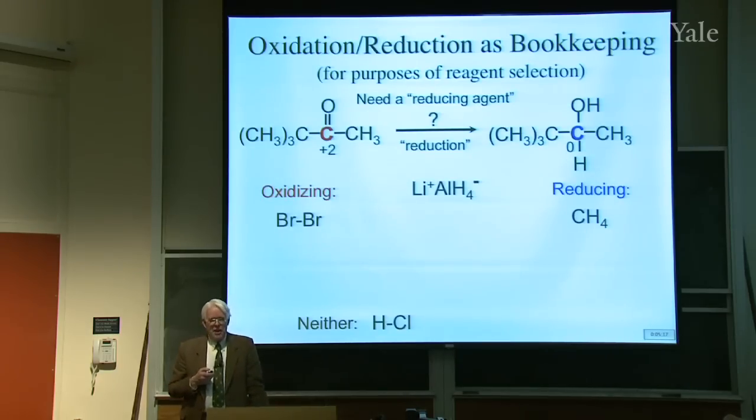So this is a salt, Li+, right? So lithium is in what state? It's obvious, +1, right? Now aluminum is forming four bonds to hydrogen. Now, how are we going to do that?